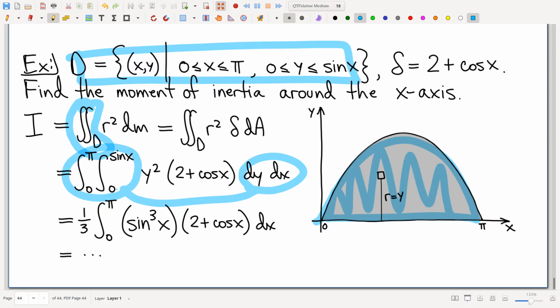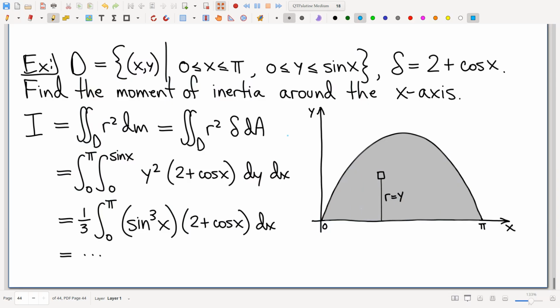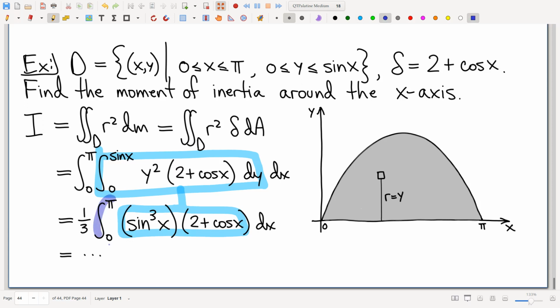I will point out that I've kind of started you on the calculation here. This inside integral turns out to be this, and that leaves you now with an outside integral that has maybe some slightly tricky single variable calculus. Let me just remind you, this is the kind of stuff that we do expect you to be good with.